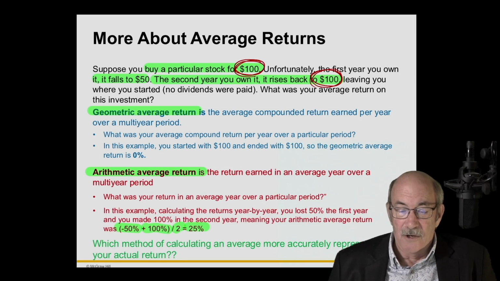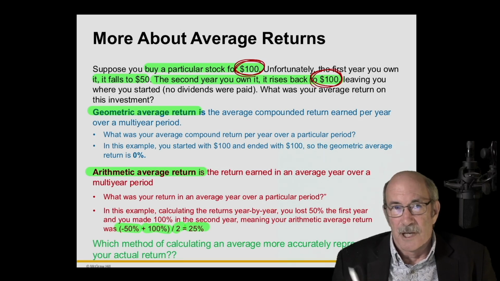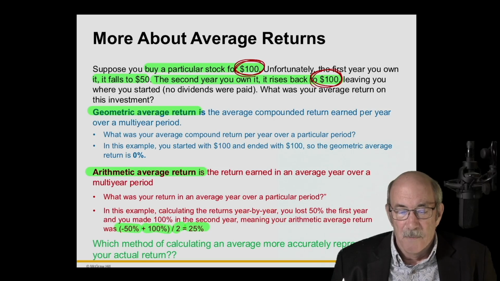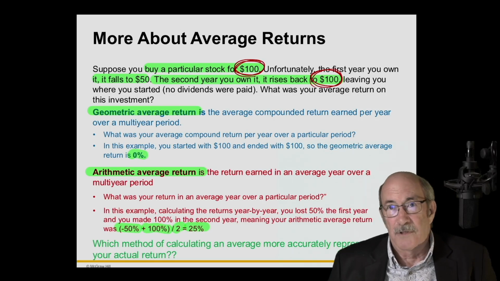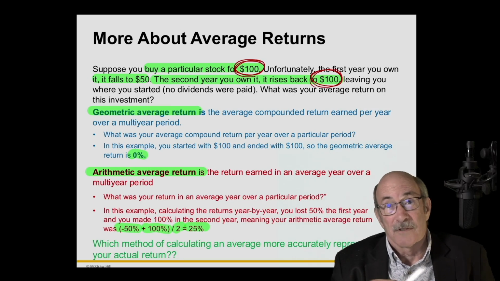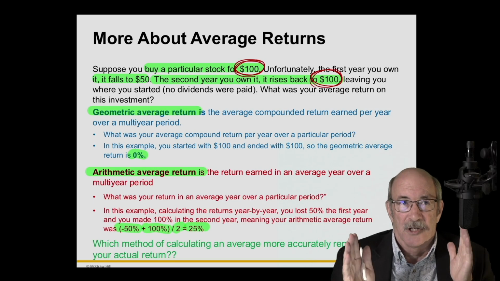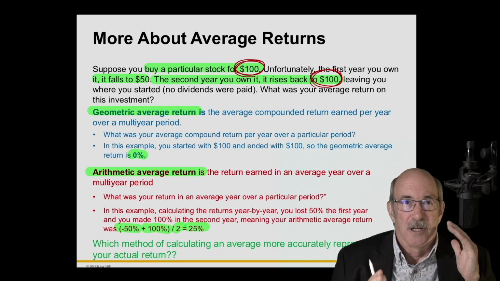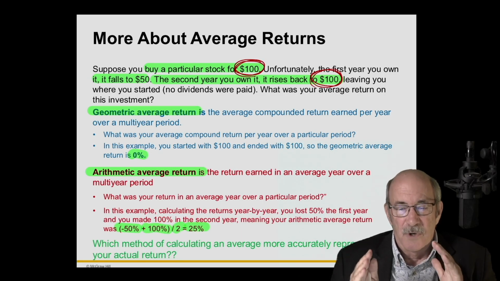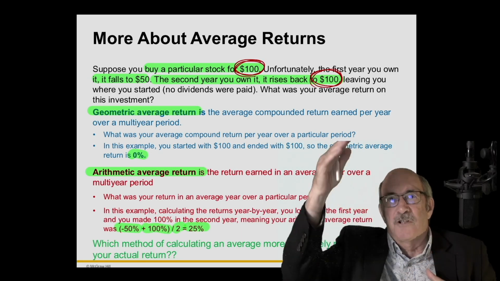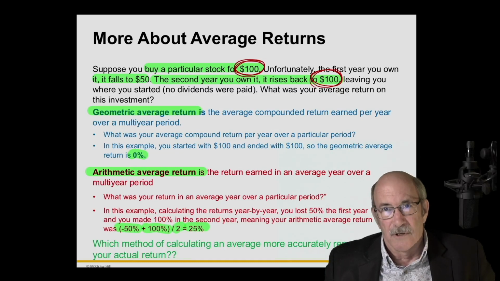When we actually calculate, and I'll show you shortly what the math is behind this, but when we use a geometric average to calculate the return, we end up with 0% return, which is exactly what we experienced. Now, this wide variation between geometric average and arithmetic average occurs in a situation like this where we have vastly different returns over the period of time.